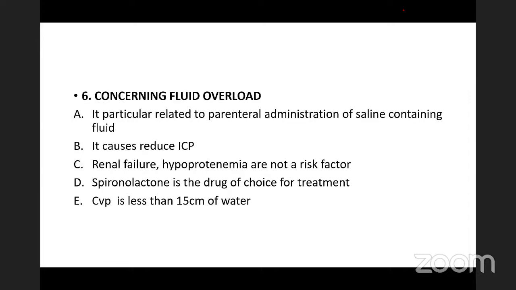The next question is concerning fluid overload. A, it's particularly related to parenteral administration of saline-containing fluid.